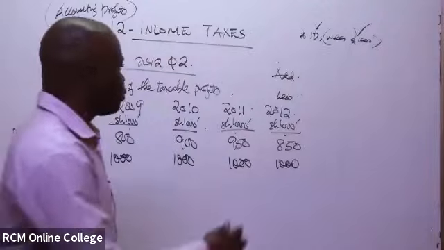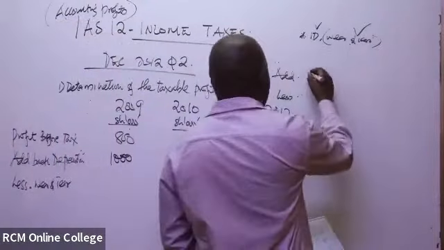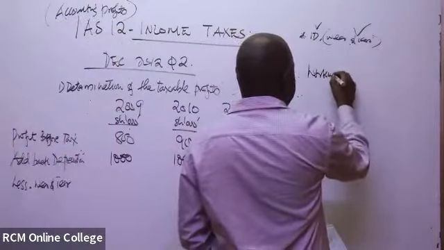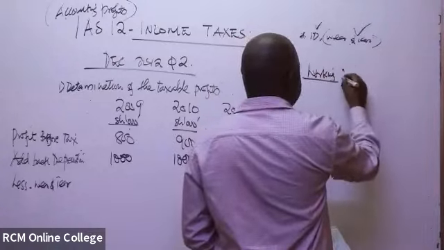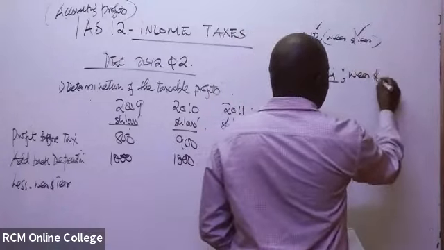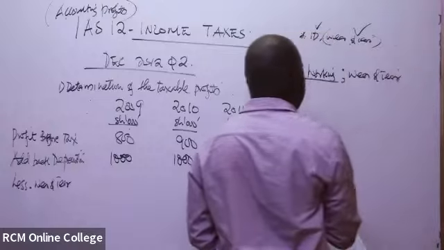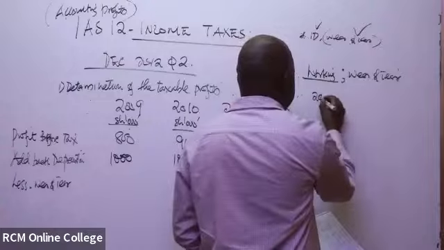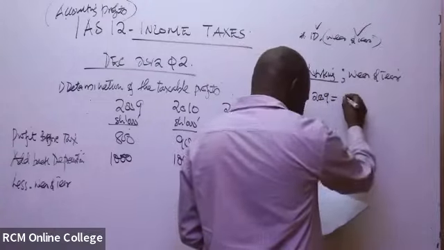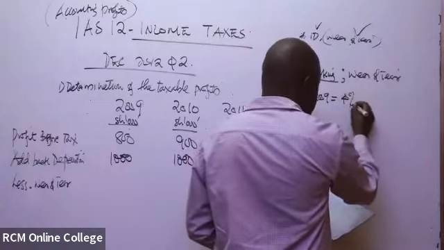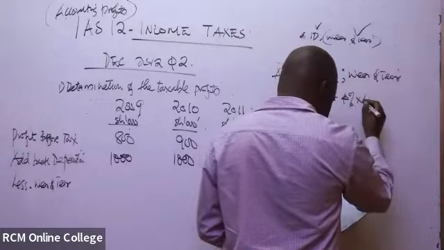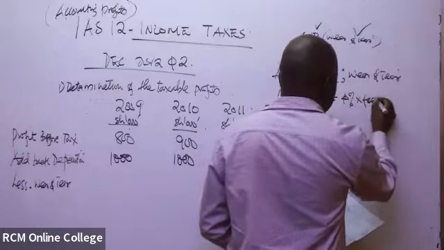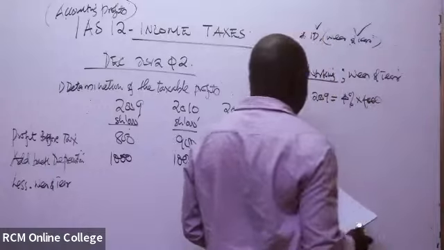So we can have a working for wear and tear. For the year 2009, it will be 40% of the cost of the asset.